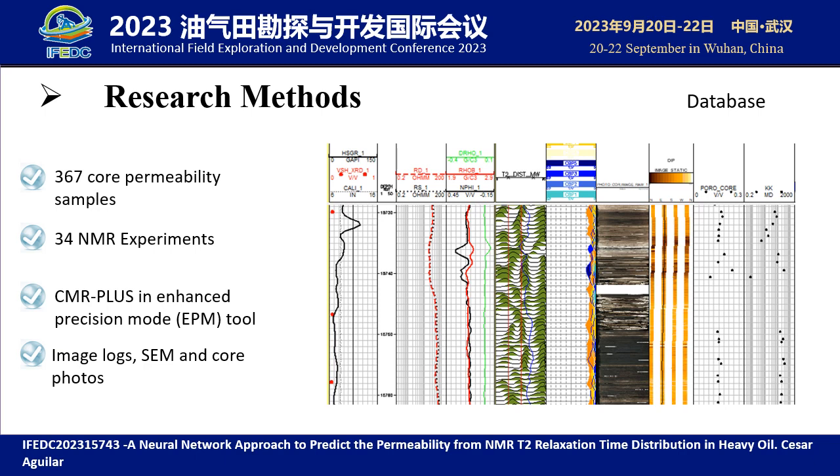Also, image logs, scanning electron microscope, and conventional core photos were loaded in order to have a robust database. This task is very time consuming, but should be performed in order to obtain accurate results.